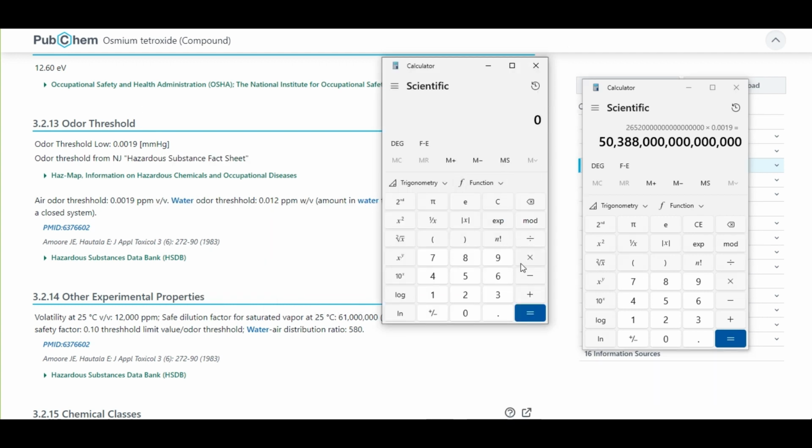So then we need to take 1 mole, which is 6.022 times 10 to the 23, that is how many particles are in 1 mole of anything.